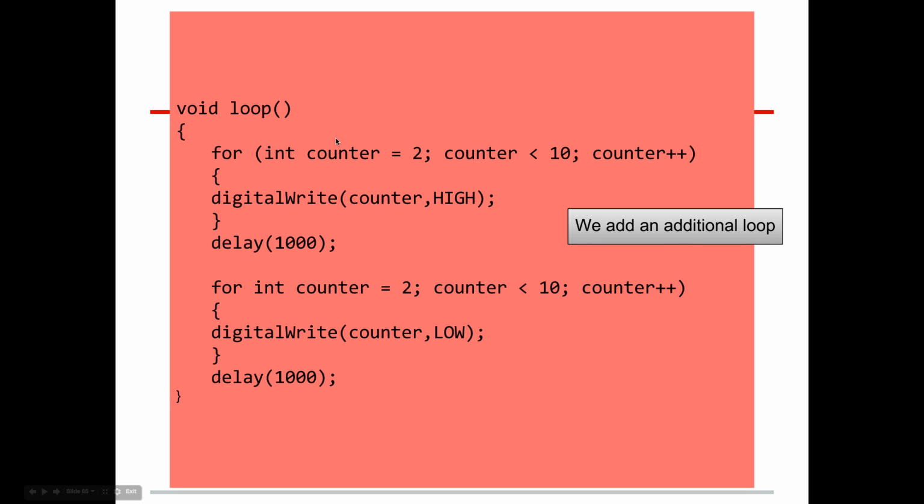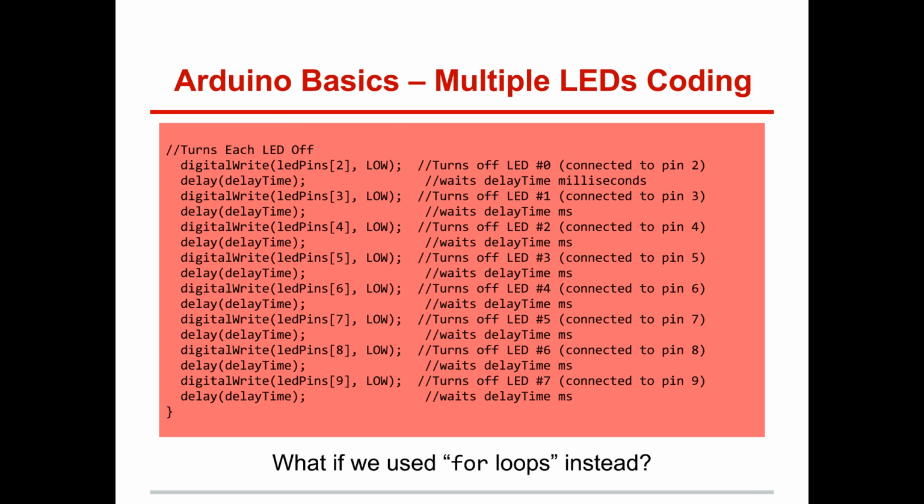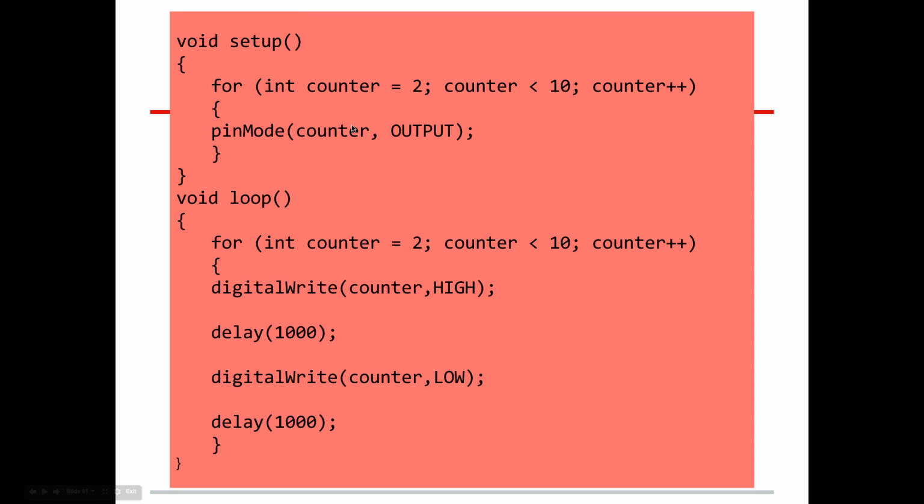So if we add an additional loop in this, we can turn them all on or all off. Right now, you can go up and down. One thing we don't show here, but it'd still be a cool thing to do, is for integer counter equals 0, counter less than 10.